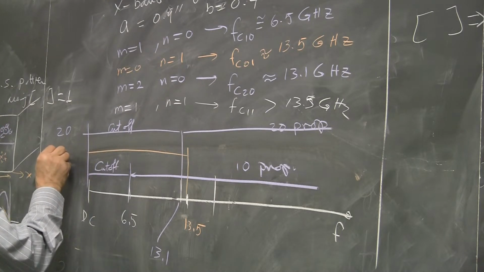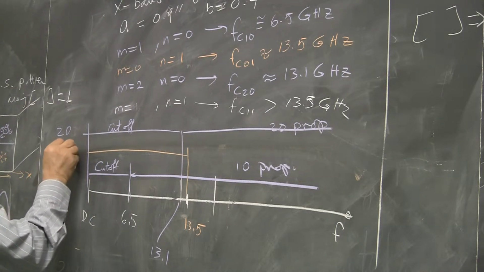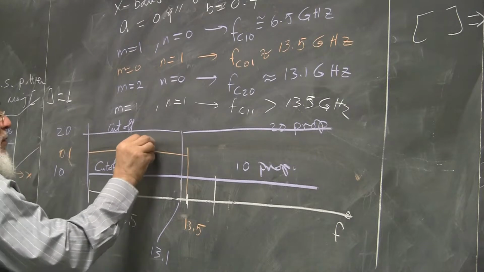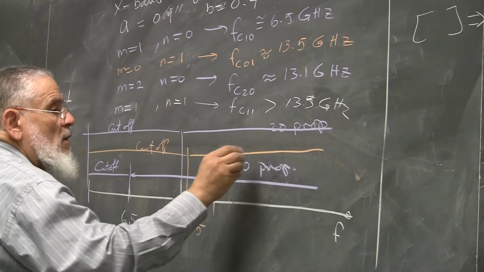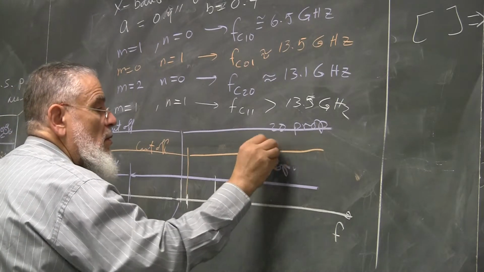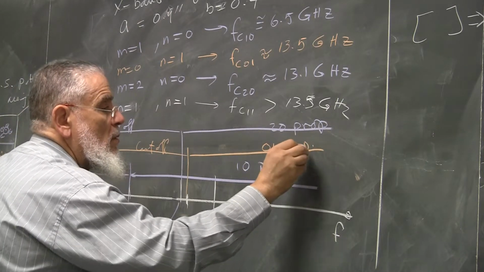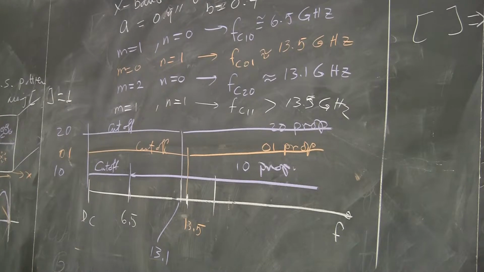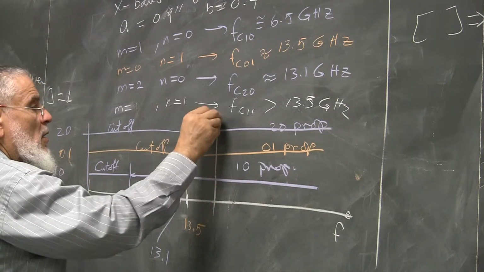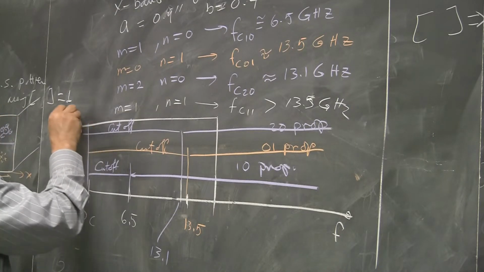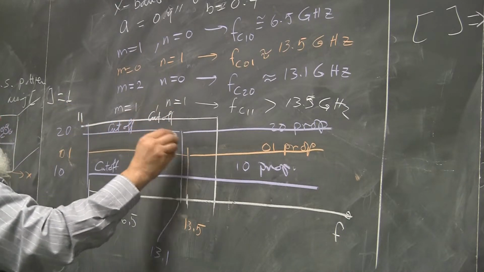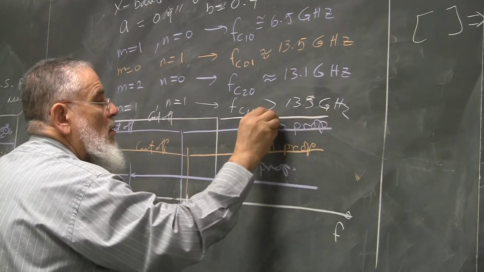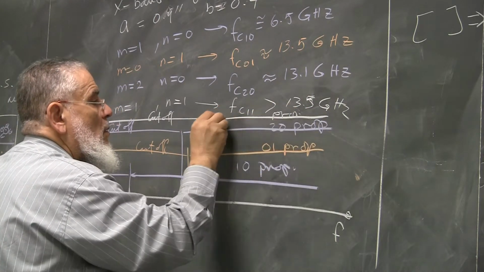That's the 0,1 mode, cut off, and propagation here. That's 0,1 propagation. And finally, the 1,1 mode is cut off here, and propagation there. 1,1.